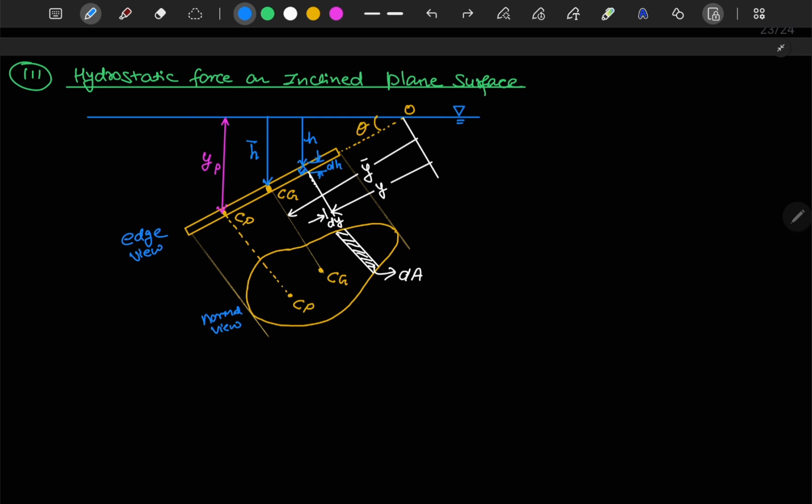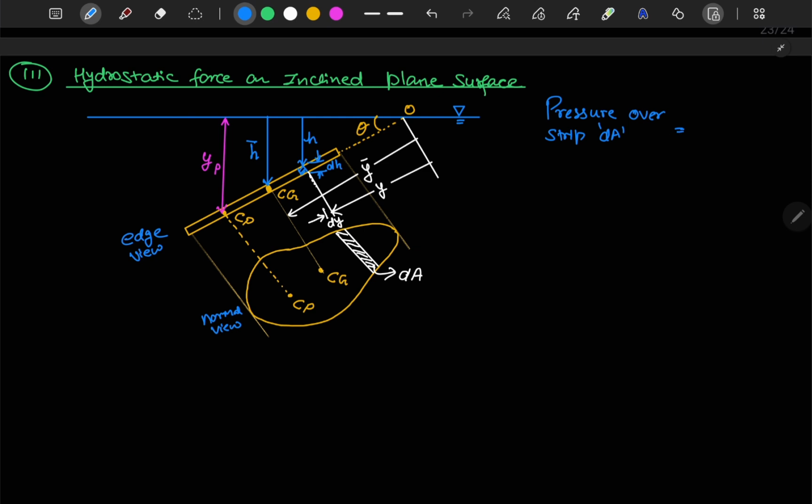Okay, so let me write. Before that, let's write the pressure over the strip dA. The strip dA is the area we have taken here.